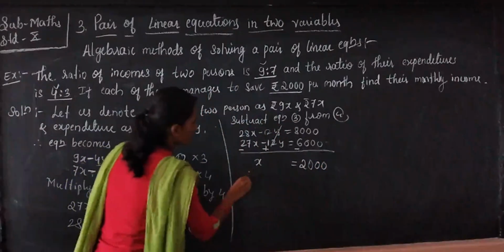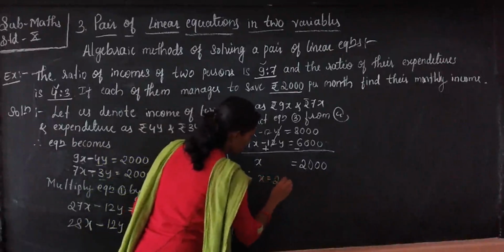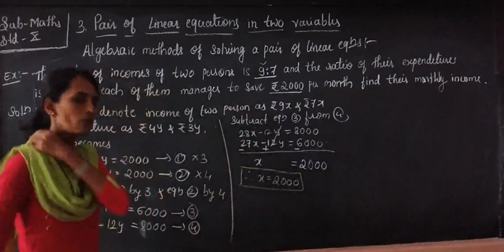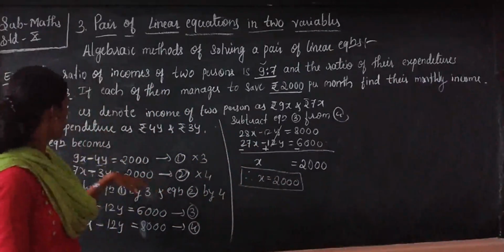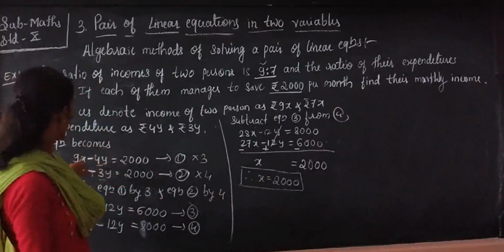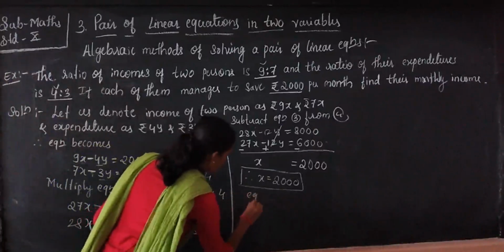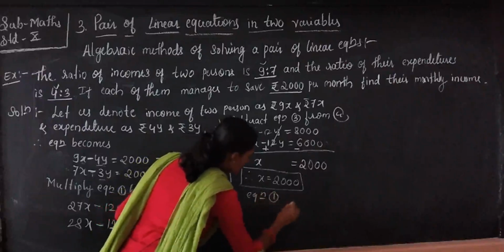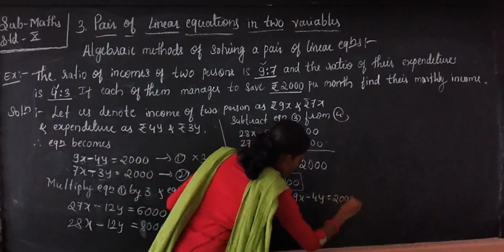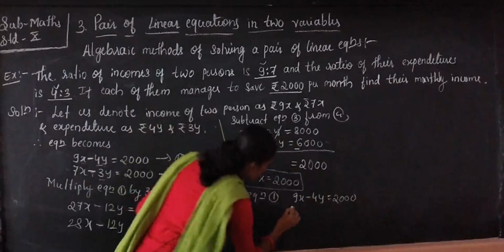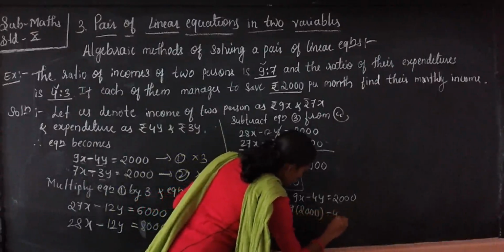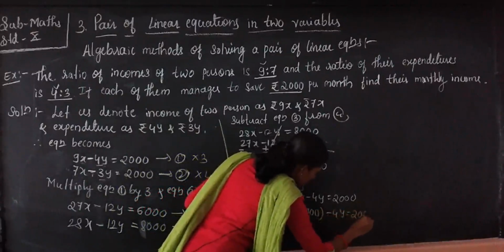So therefore x is equal to 2000. Then what about the value of y? Substitute the value of x in any one equation. You can take equation 1, otherwise equation 2. So consider equation 1: 9x minus 4y is equal to 2000. In this, the value of x is 2000, so 9 into 2000 minus 4y is equal to 2000.